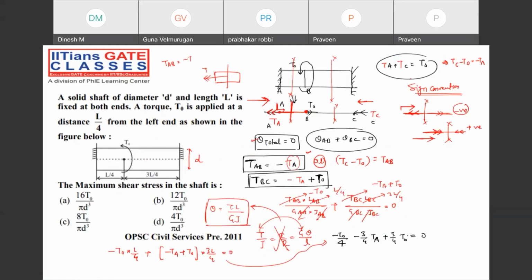What will be the reaction torque at the left support? Quickly, guys, quickly. Sorry, just wait. Let me calculate.